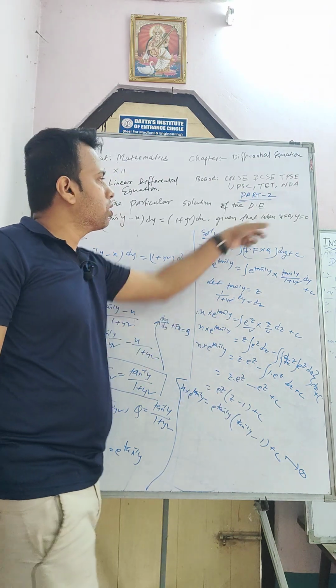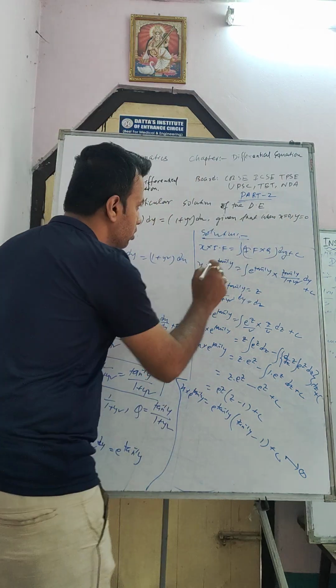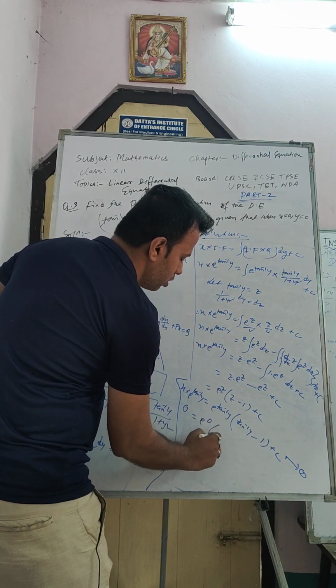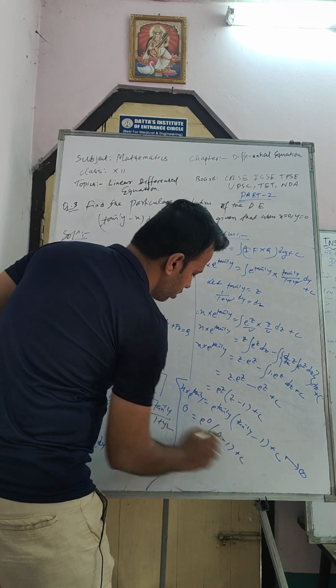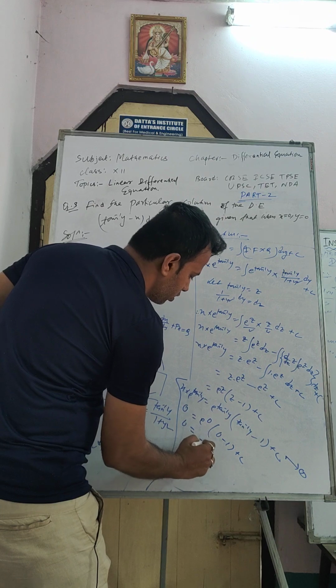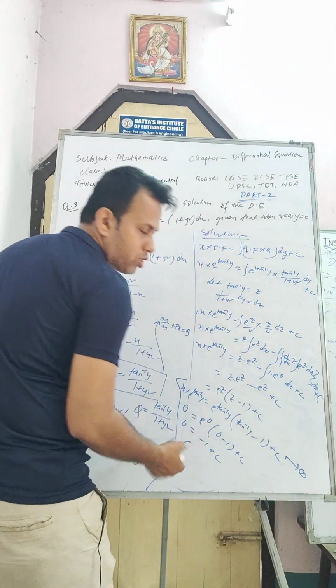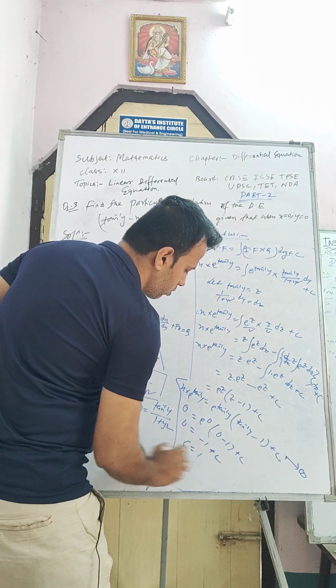Now we have to put the value of x and y as 0 here. So it will be 0, it will be 0 minus 1 plus c. So 0 minus 1 plus c. Okay, e to the power 0 is what? 1. So it will be 1, c will be 1.